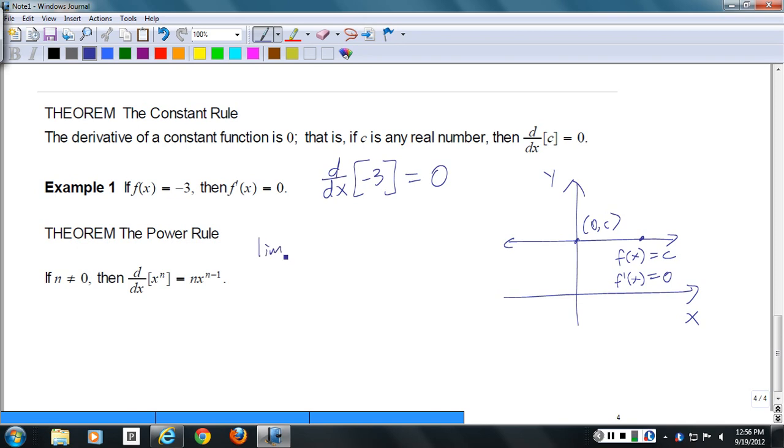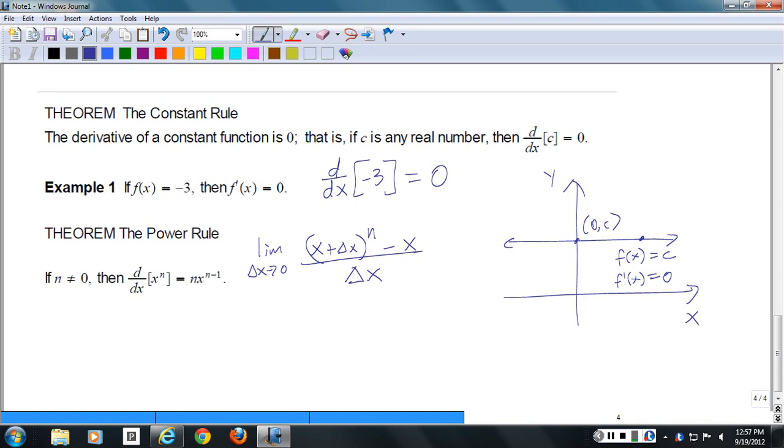The limit as delta x approaches 0 of, and I would take the expression x to the nth power, and we'd have to talk about x plus delta x to the nth power minus x to the n all over delta x. Now that expression would look different depending on the value of n.